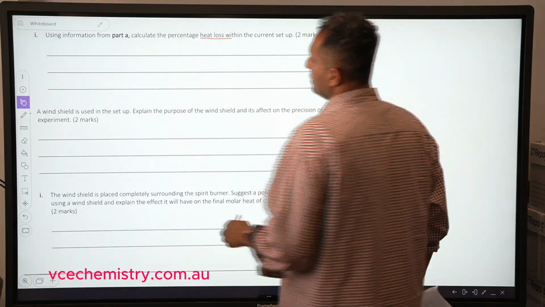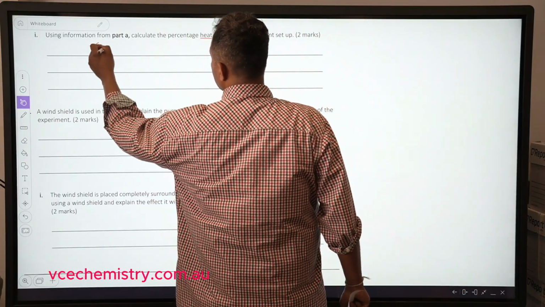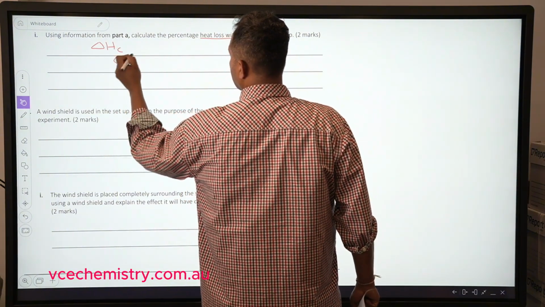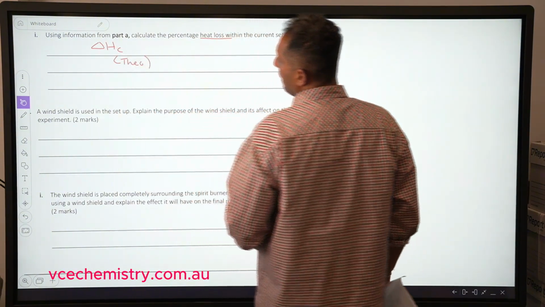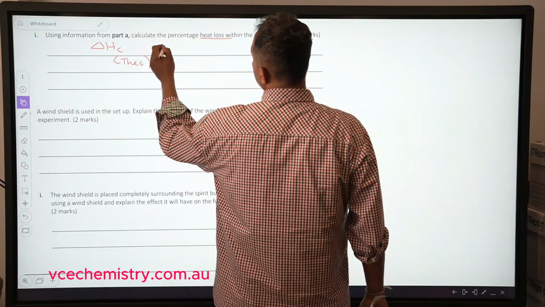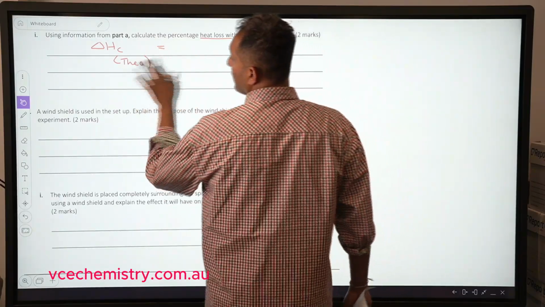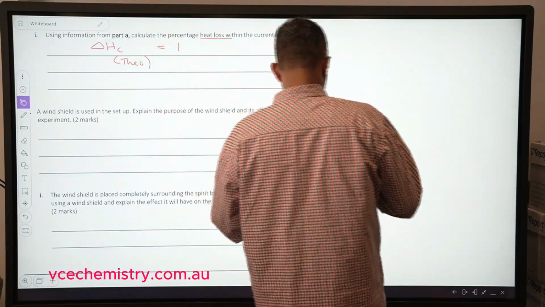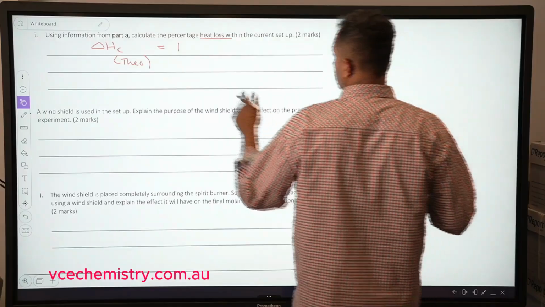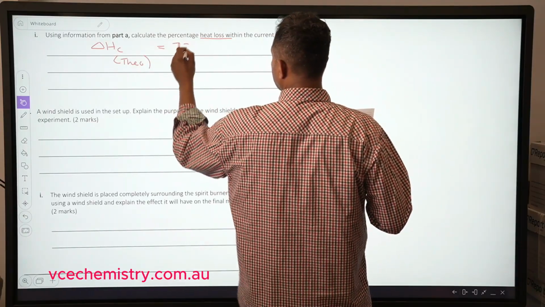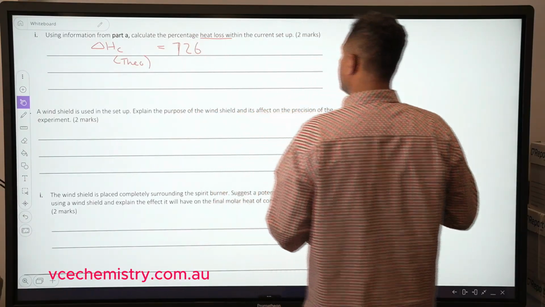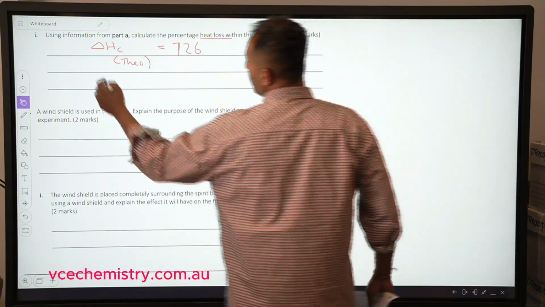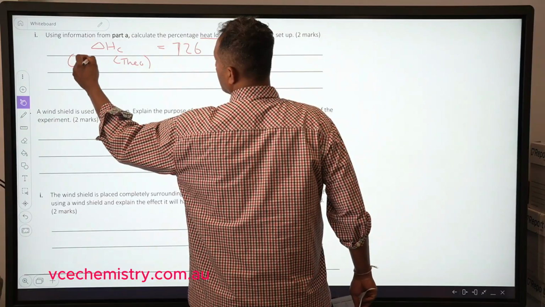To do that, get the data booklet value. Delta HC theoretical in kilojoules per gram: the data booklet has 726, that's kilojoules per mole.